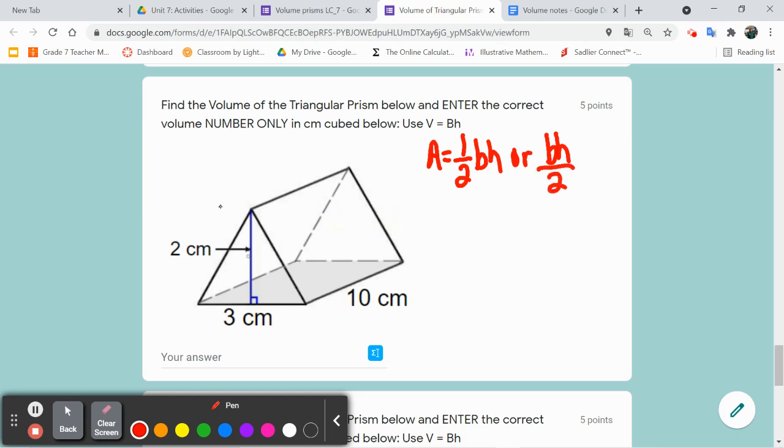So you go find that 90-degree angle, and you have your two numbers. You multiply them times each other, then take half of that, or divide it by 2. Write that down. That's your area in centimeters squared. Then all you have to do is find the height of that box. And remember, that's going to be the length of one of the sides that connects those two triangles together. And there you go. Okay? All right.